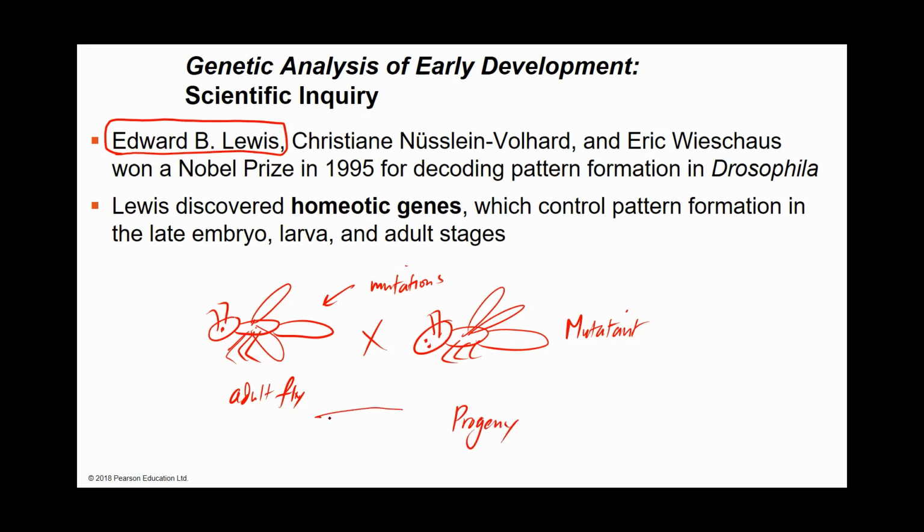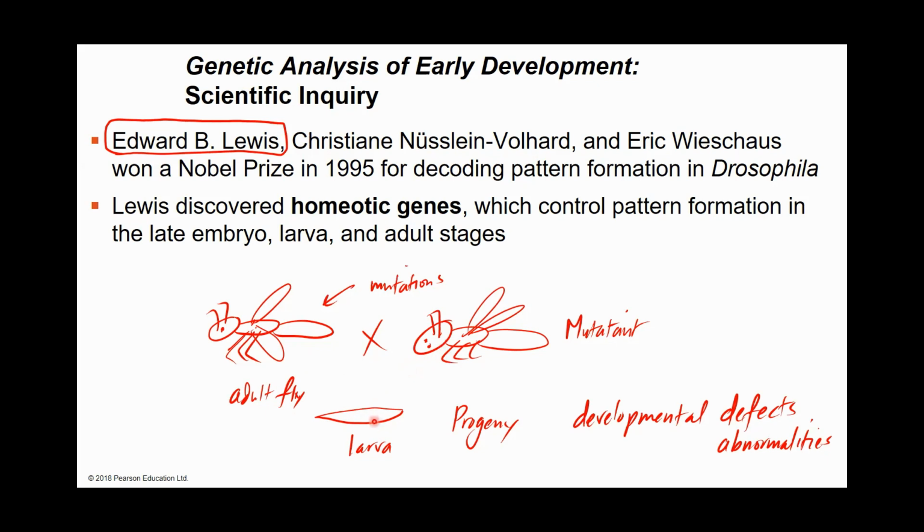Okay, and these progeny, let's say this is a larva, might have what we call developmental defects, or abnormalities, meaning these larvae have some problems and cannot develop normally because they inherited mutant genes from their parents.